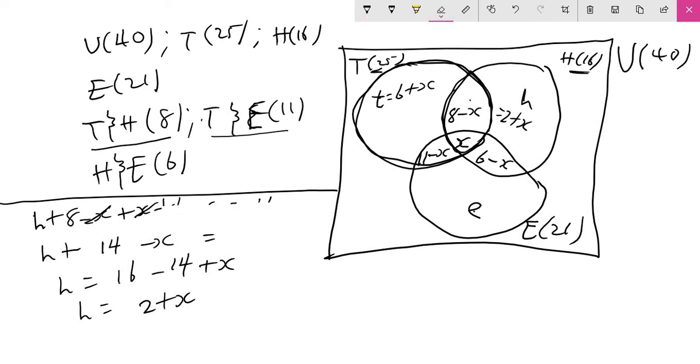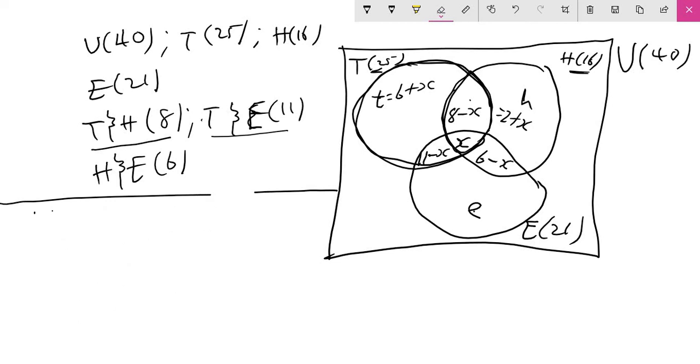And then we do the same for e. Alright, but in order to find the value of x, we actually don't need to solve for e again. So we know that this whole circle adds up to the value here, 21. So therefore 21 plus these three values must give the universal set.